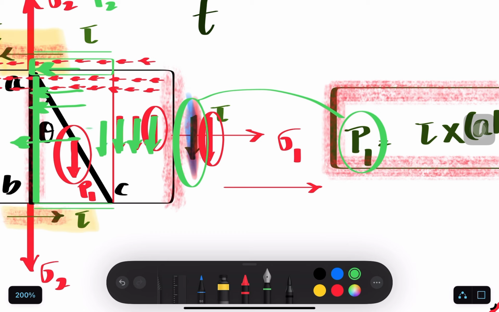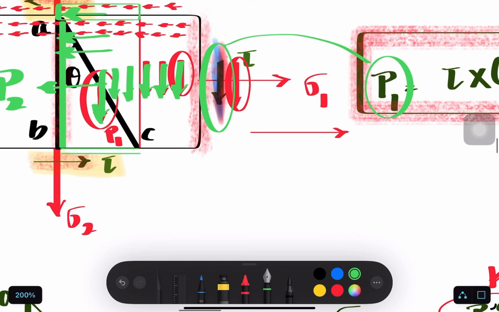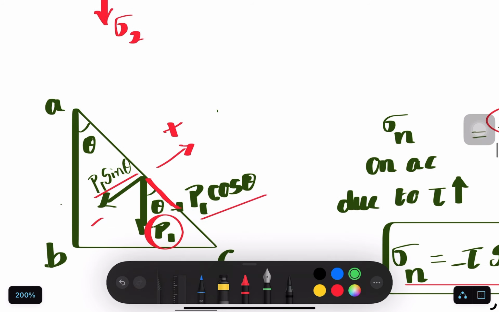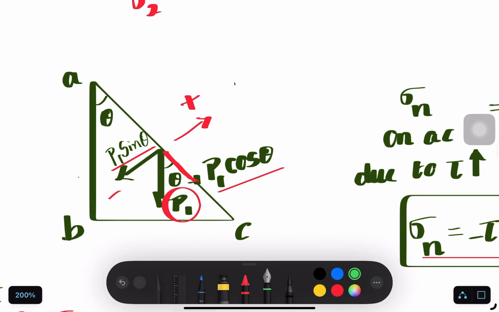So it goes here, here, and here. It also goes to the inclined plane. So that load P1 is acting on the inclined plane just like this.